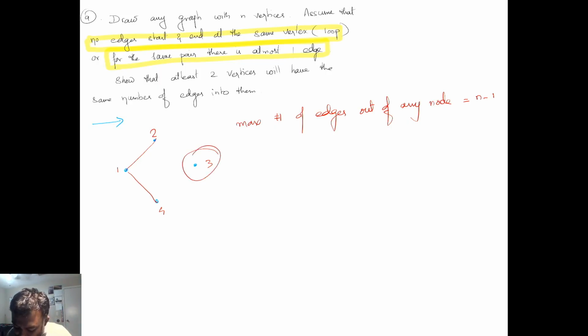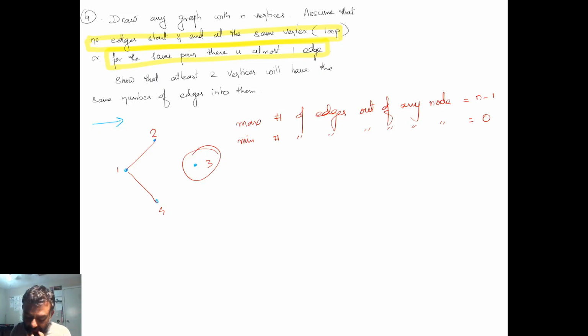How many edges does it have? Min number of edges out of any node is equal to 0, right? Does that make sense? Because you can always pick one node and never connect that particular node to any of the other nodes available. Again, I'm using node and vertex interchangeably. They mean the same thing.